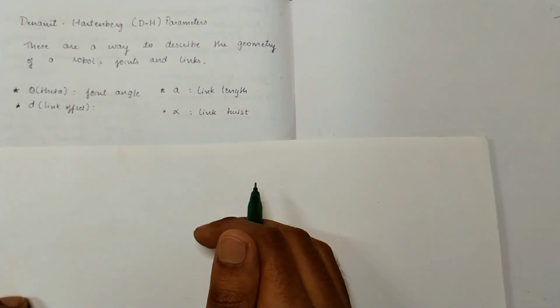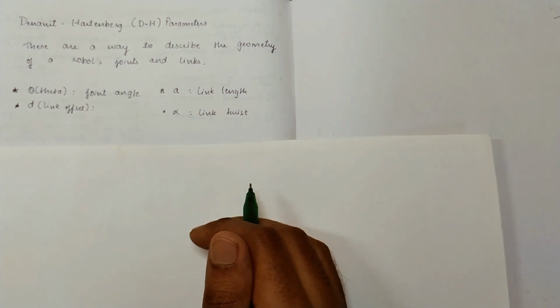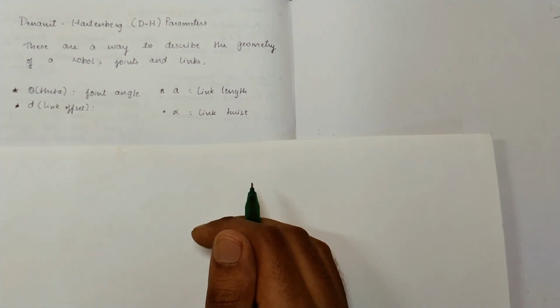Now let's look into Denavit and Hartenberg parameters, shortly known as DH parameters. These are the ways to describe the geometry of robots' joints and links. Robots often have multiple joints and links, and to control the robot, we need to know how the position and orientation of each link changes as the robot moves.